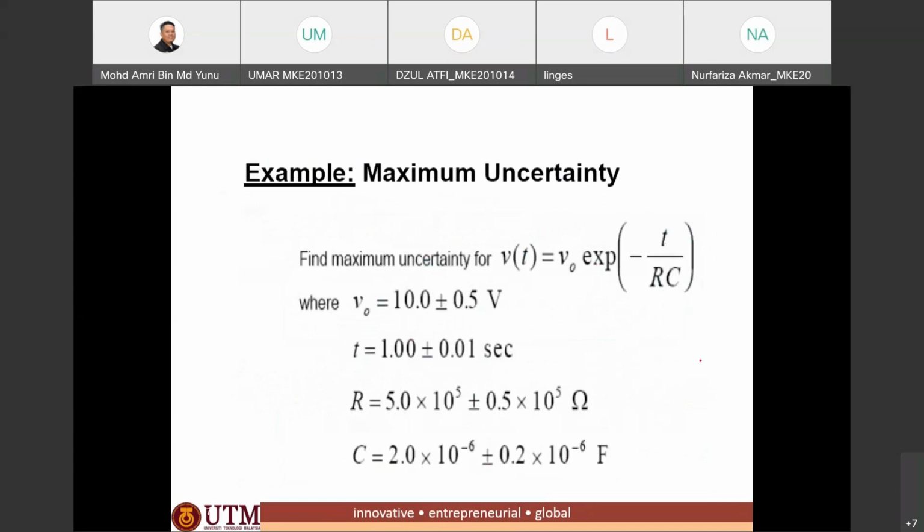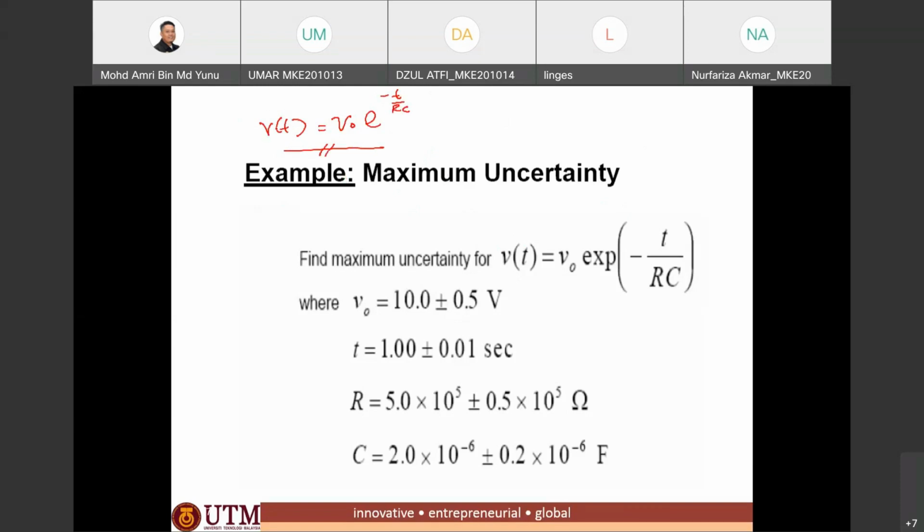In this case, Vt, the calculated measurement, is equal to V out exponent negative t over RC. So that's what the actual formula looks like.